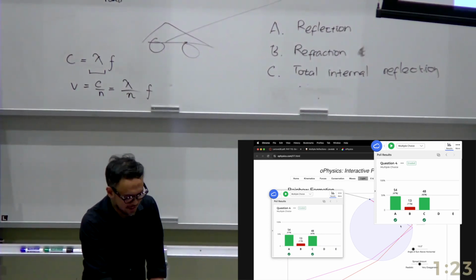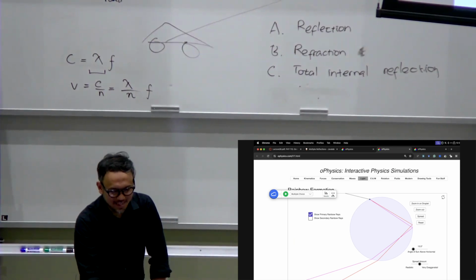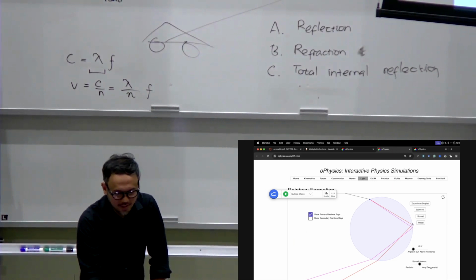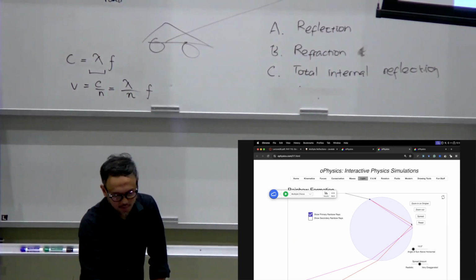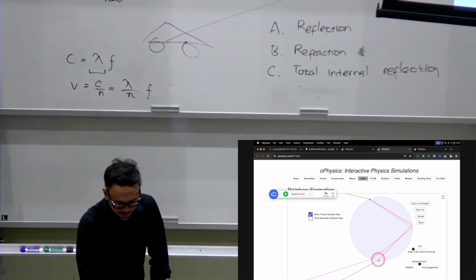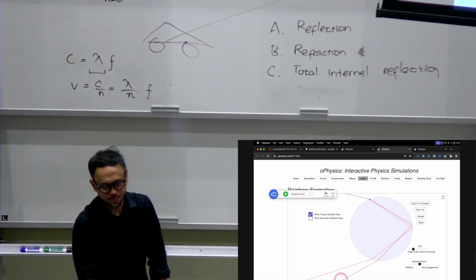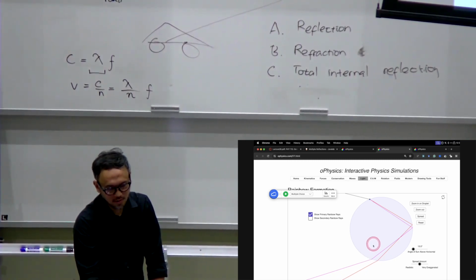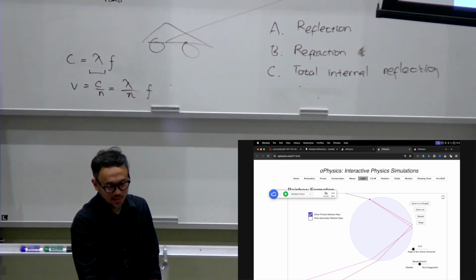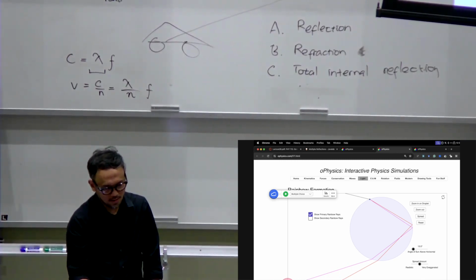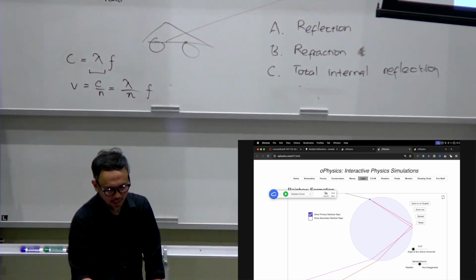So enough with iClicker, I think. Okay, so we have total internal reflection here. Let me highlight here. Light travels along a straight path, and then there is refraction, because again there is a change of refractive index. If your eyes are here, you will see red. If your eyes are here, you will see cyan, I think.